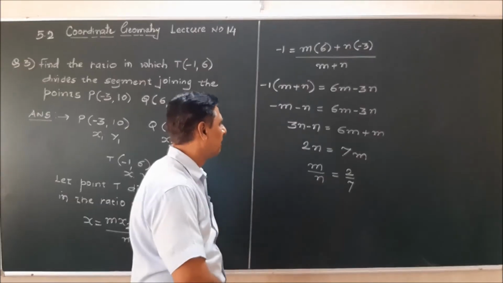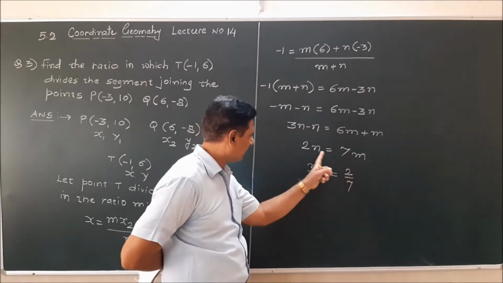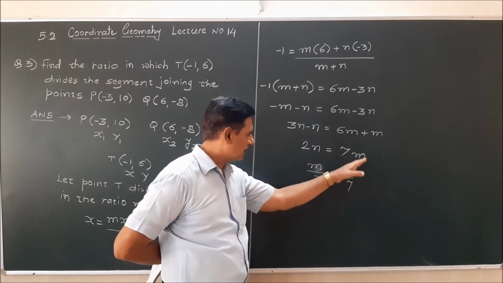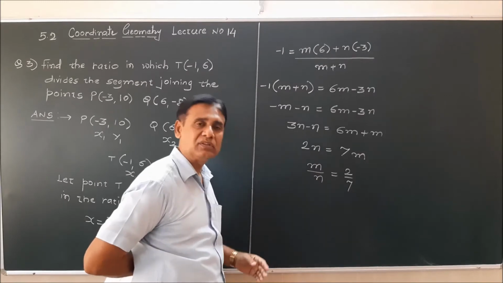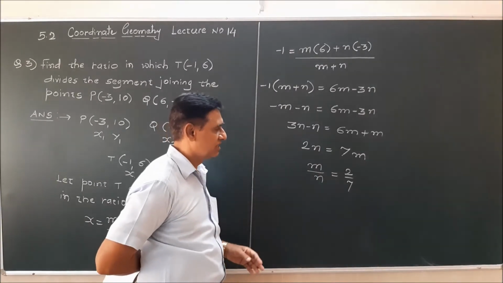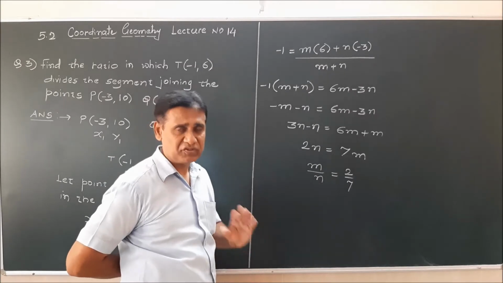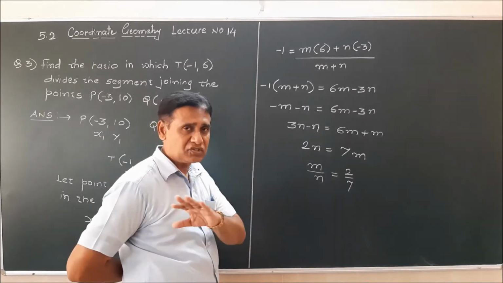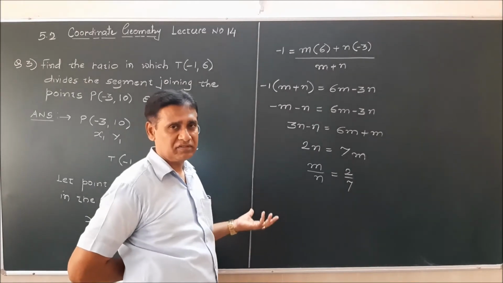If I transfer this n to this side, I'll get m upon n equal to 2 upon 7. This is sufficient to get the answer. There is no need to find out the answer with the y coordinate.